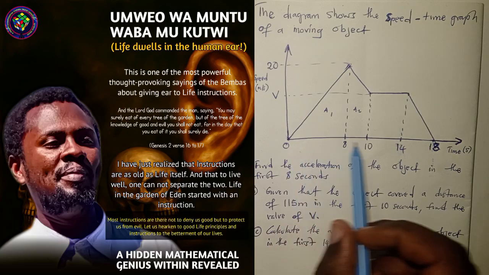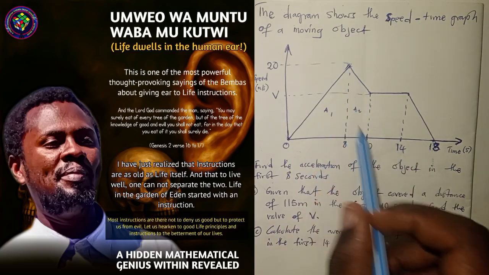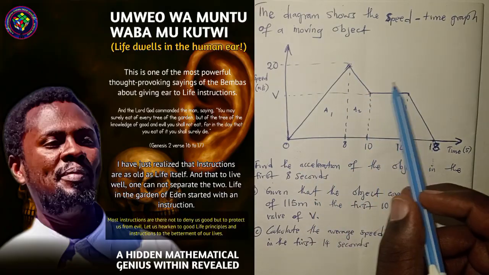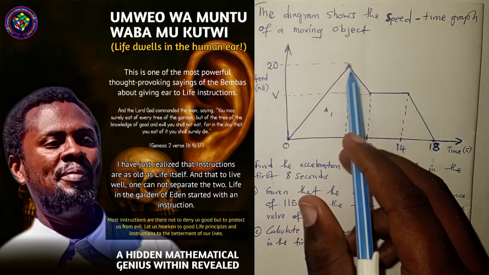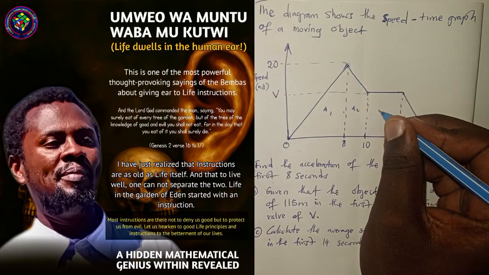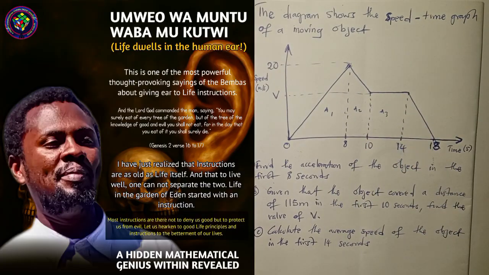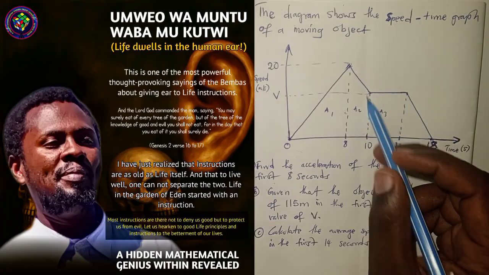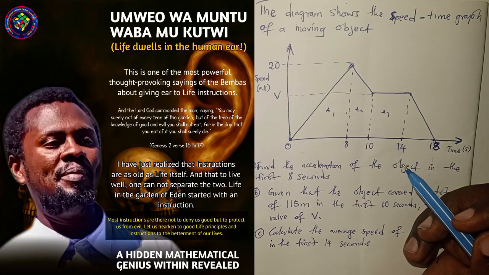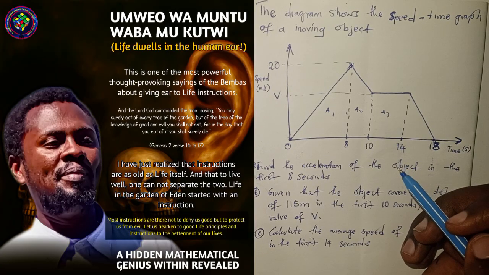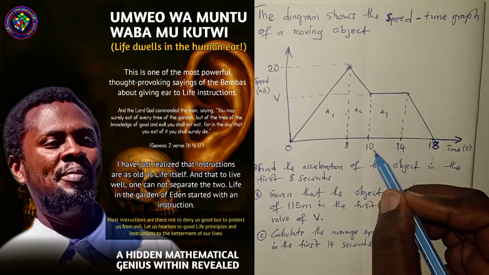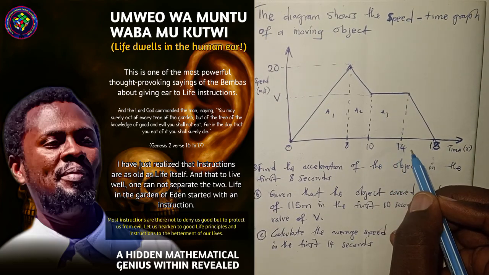Here we have the distance in the first 10 seconds, plus this distance here. The area here, we know that it's 115. Then this one will be area 3. We can see that this shape is just a rectangle, and the area of the rectangle is just length times breadth. So we have length here is 4, that is 14 minus 10.